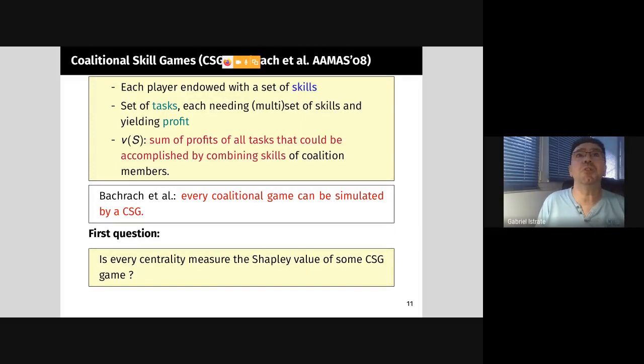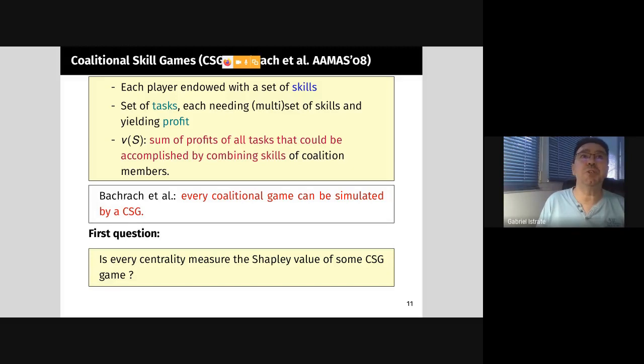Okay, so this is the following framework. It's by the name of Coalitional Skill Games, and it's again well established in the literature. There is a set of skills, and there is a set of tasks. You'll see an example immediately. Each task may need some set of skills. And if a coalition is able to perform a certain task, it gets some profit out of performing that task.